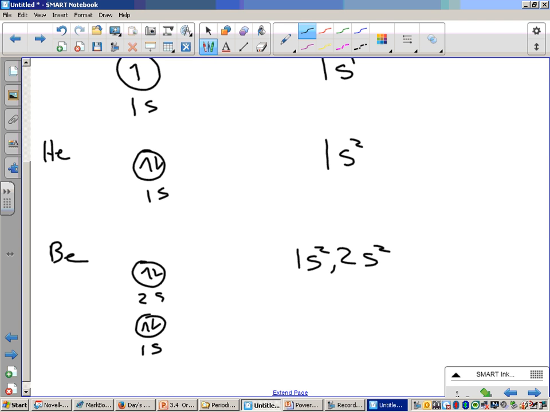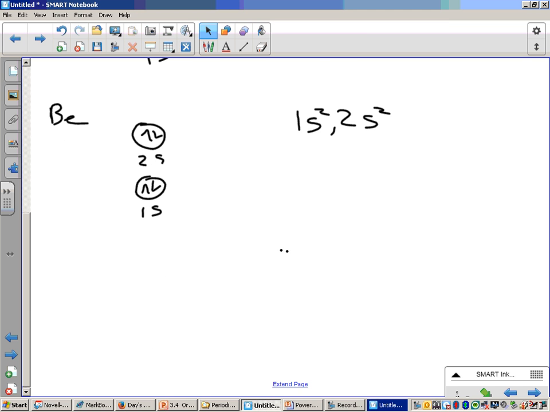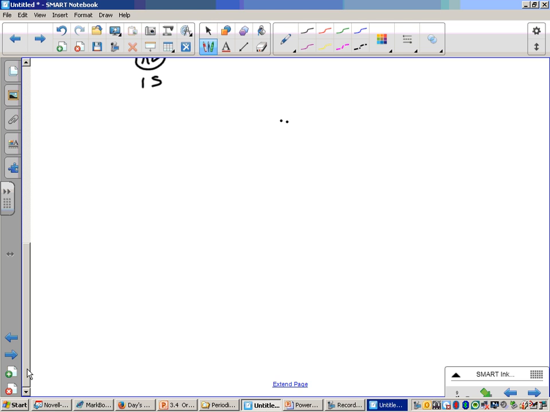Let's do another one. Oh, I'm trying to extend the page here. Not working very well. Let's do carbon. Then what am I doing? I'm writing in blue all of a sudden.